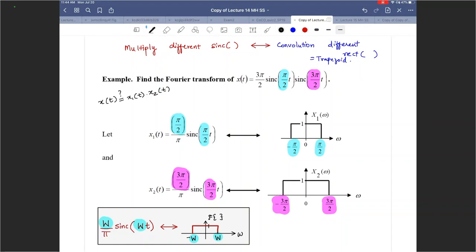Try to do this. The sincs will be fine, right? Sinc functions will match up. But in terms of the amplitude of those sincs, you need 3 pi divided by 2, but you have half from here and 3 over 2 from here, right?